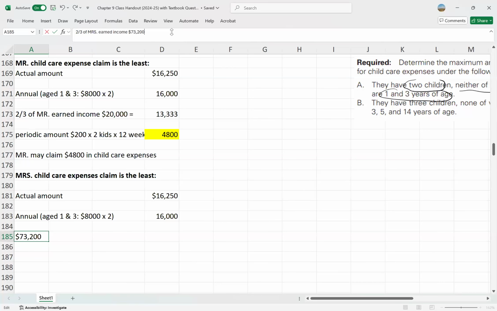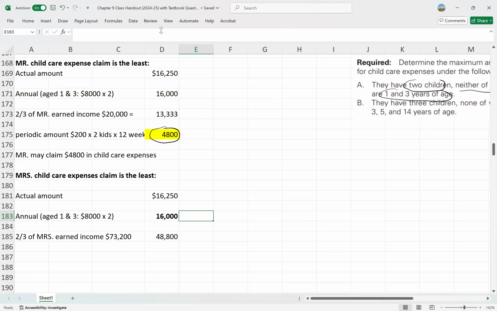So 2/3 of that, let's go 73,200 times 0.66667, that's 2/3. So basically 48,800. So let's just round it to the nearest dollar. 48,800 would be 2/3. Now, when we look at this then, the lowest of the amounts is 16,000. But her claim will now have to be reduced by how much he claimed.